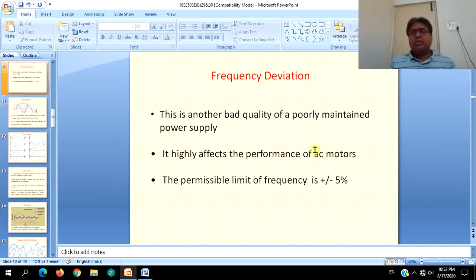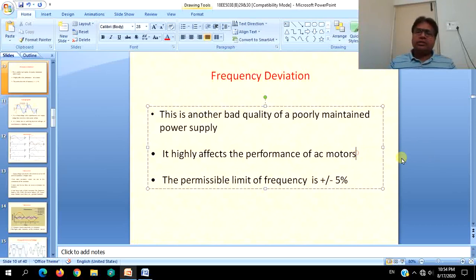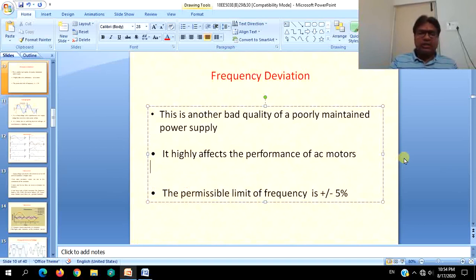Even the most rugged AC motors like squirrel cage induction motors may operate satisfactorily within those limits, but as the frequency deviates from the actual value of 50 Hz, vibrations will occur and their performance gets highly affected. Torque will go down, particularly as the magnetic field setup will decrease, so less torque will be developed. Not only that, flickering of lights will be there.